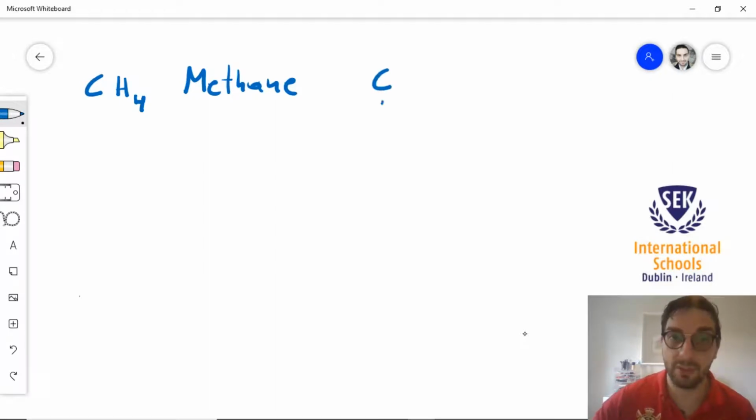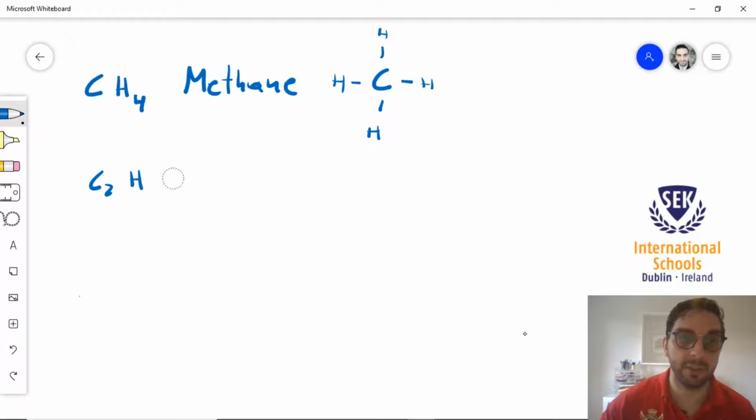We can put C with the four bondings here. This is very simple. Then the second one we have is C2H. How many H? We will see it here once we connect them. Let me just write this a little bit more clear. Let's put the name first. Okay. C2, the name, it will be ethane.